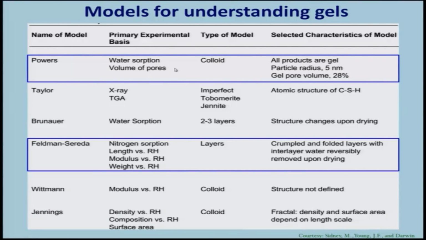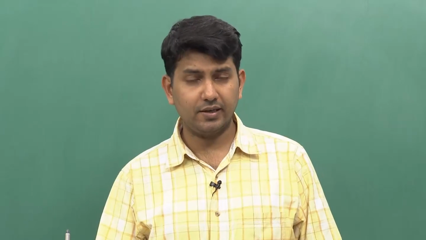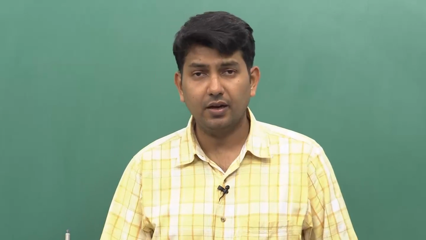The easiest to understand are Power's model and the Feldman-Sereda model. Right now we will deal with the assumptions of the Feldman-Sereda model. Later on we will go ahead with Power's model. Remember that these model studies are dealt with only for the pure understanding of cement hydration.